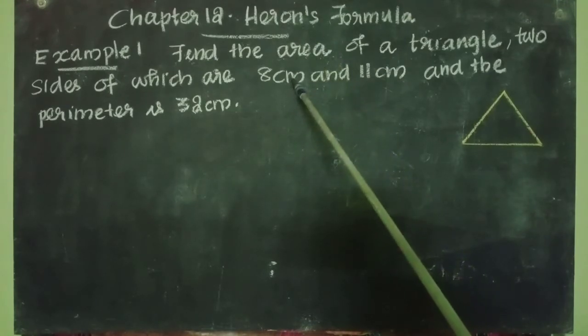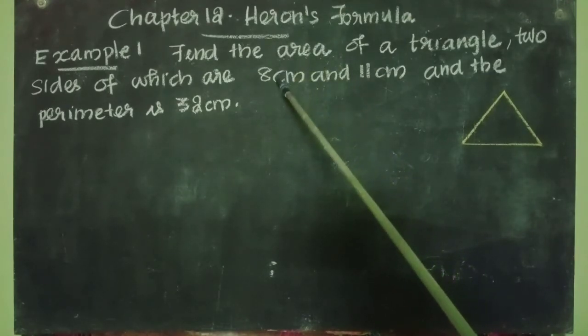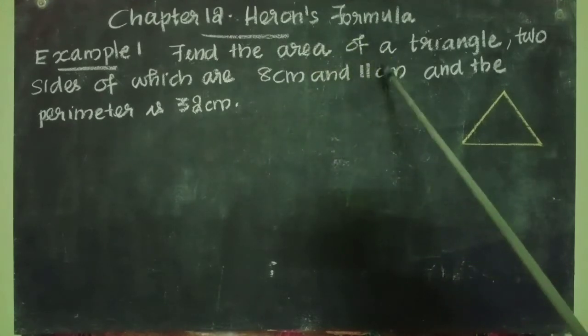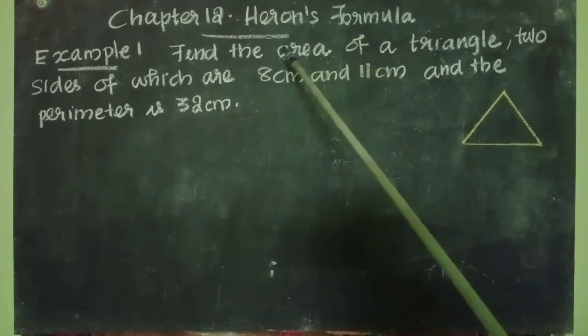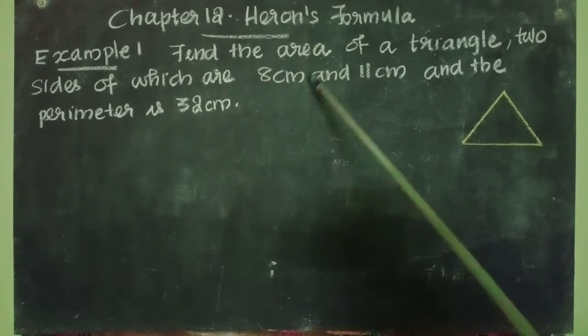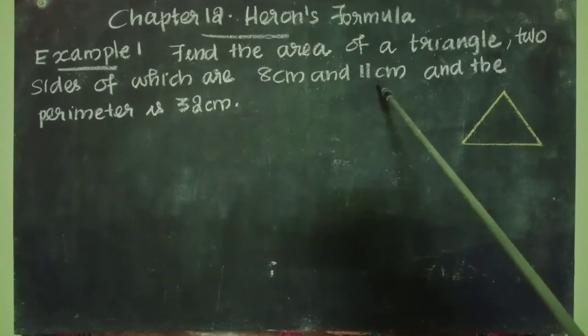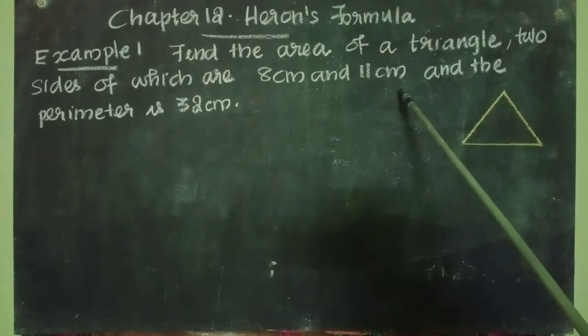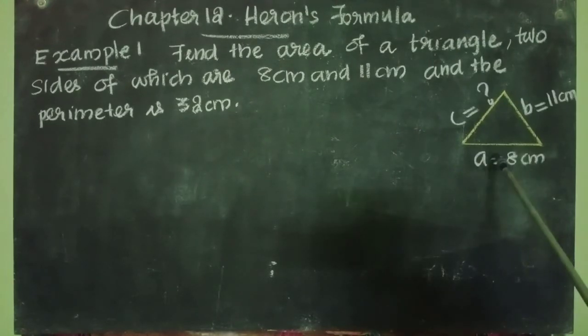Two sides are given, 8 cm and 11 cm. So we can mark A equal to 8 cm and B equal to 11 cm. C is missing. We need to find out the third side.